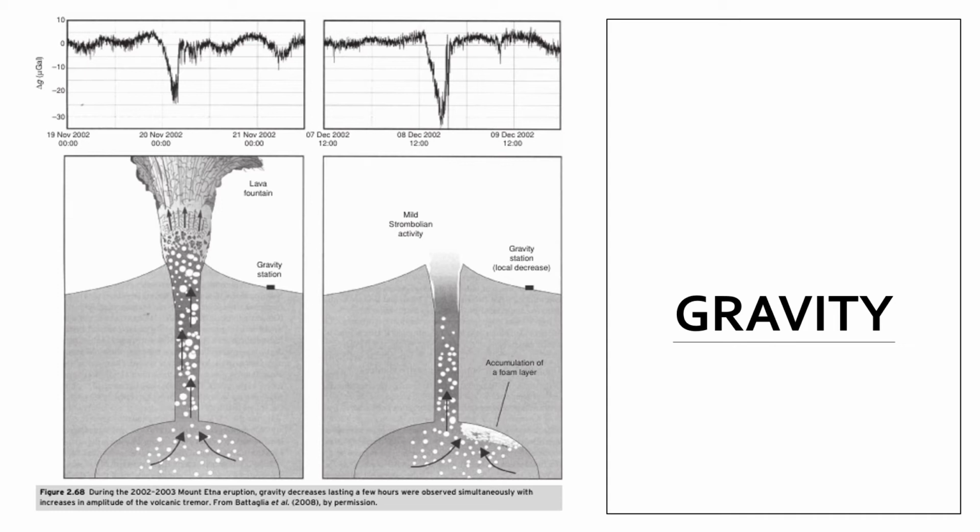And then after the eruption, the density of your magma chamber bounced back to its normal levels. But after that, there was also an accumulation of volatiles or foam, which again lowered the density of the volcano or the magma chamber.